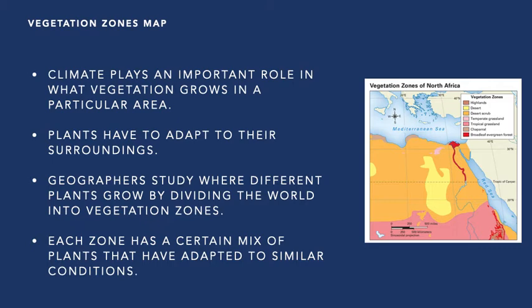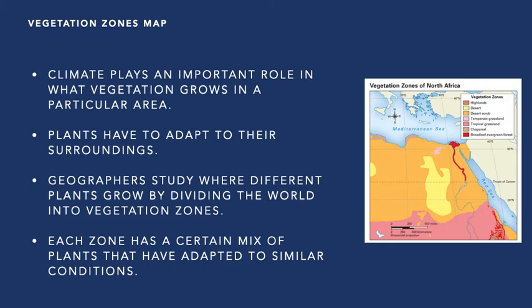Each vegetation zone is going to have a certain mix of plants that have adapted to similar conditions. On the right hand side of your screen is a vegetation zone map, and this one is all about vegetation zones in North Africa.